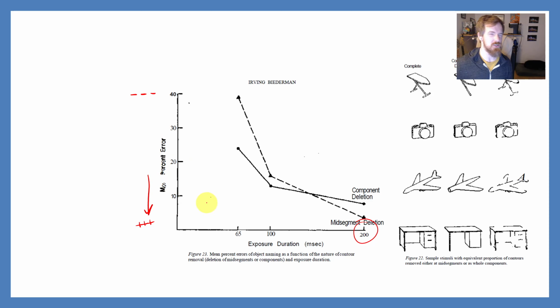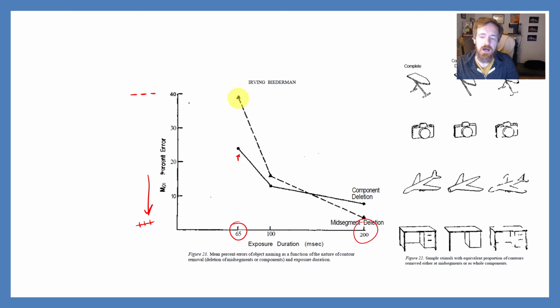And so here again, you can see that whenever you're deleting the geons at the 65 millisecond mark, not bad, not shabby. Whenever you're basically seeing it in the blink of an eye, the amount of errors is almost half of what they are making whenever mid-segment deletion is happening.